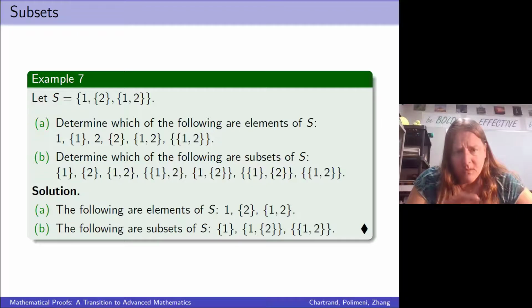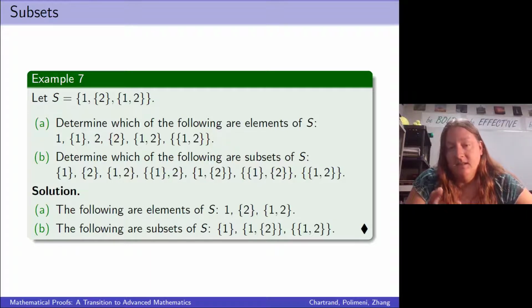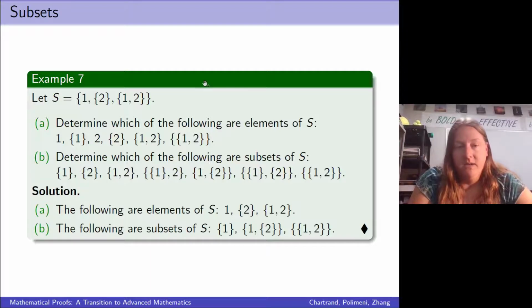We want to know which of the following are elements of S. The set that contains 1 is not an element, neither is the number 2, and neither is the set that contains the set that is 1 and 2. So we only have the element of the number 1, the element of the set that contains 2, and the element of the set that contains 1 and 2.